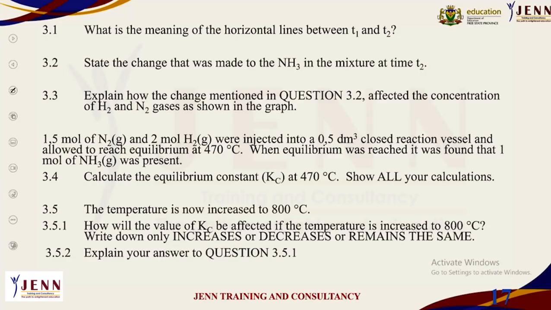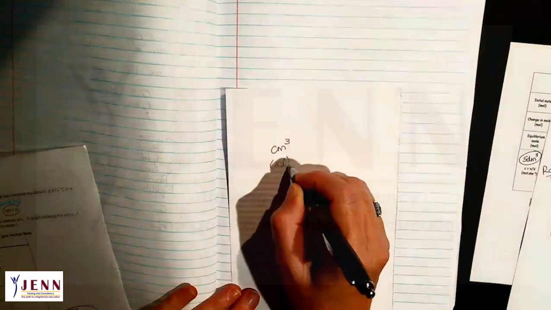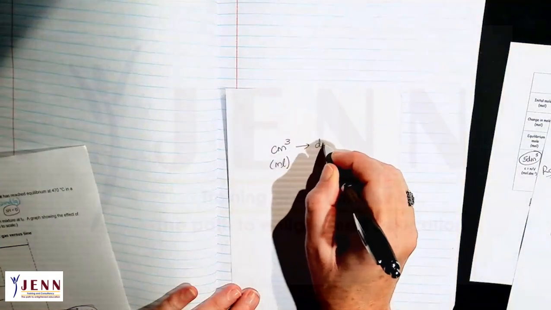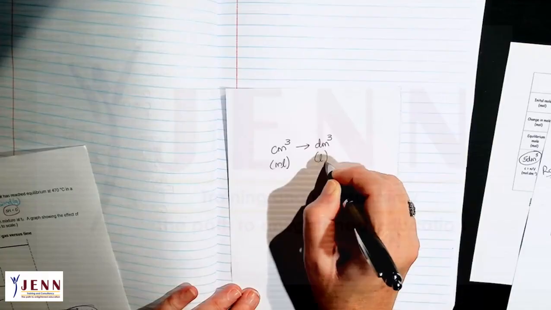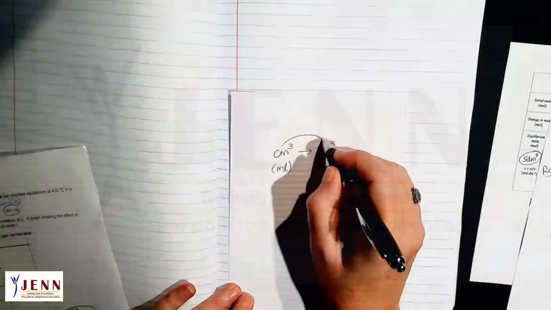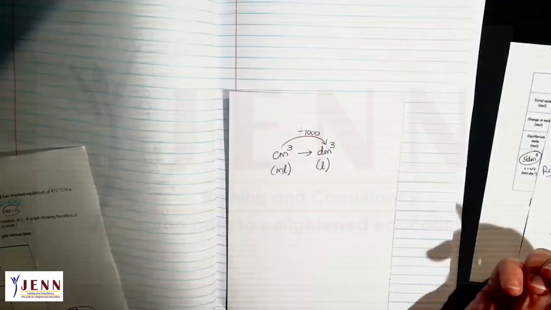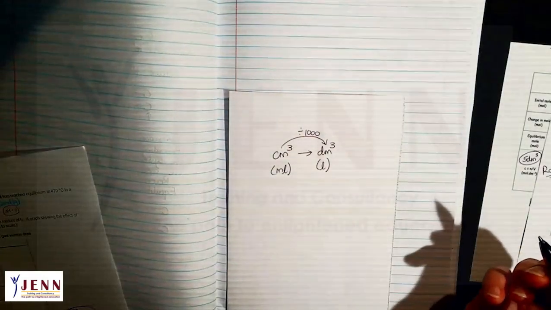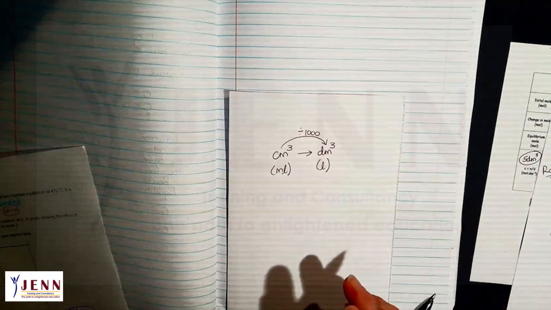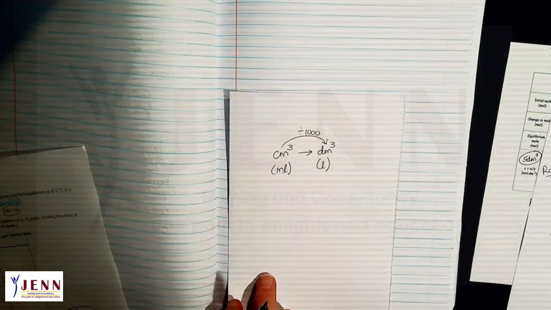Cubic centimeter is the same as milliliter, and cubic decimeter is the same as liter. So if you want to convert there, you must divide by 1,000. But luckily, they have already done it for you, so you don't have to do anything with that.